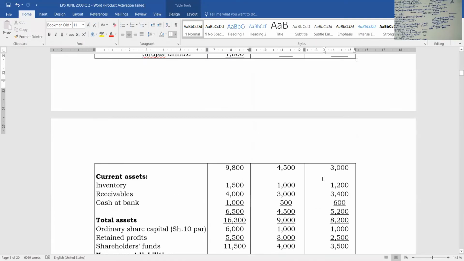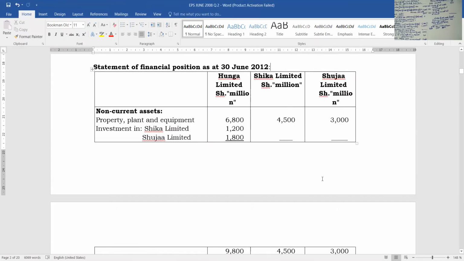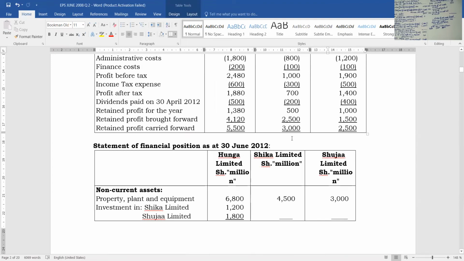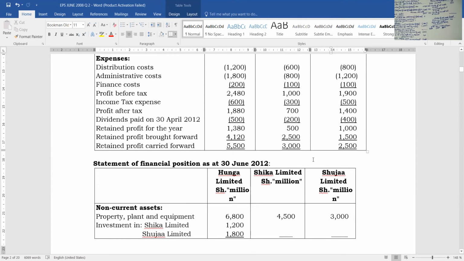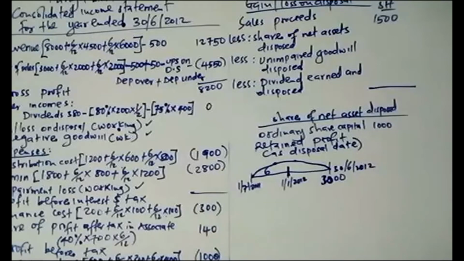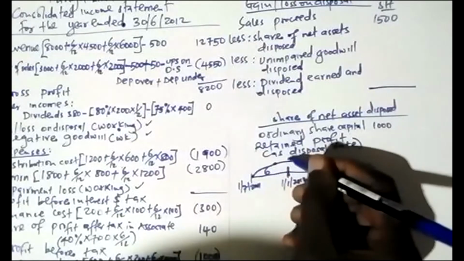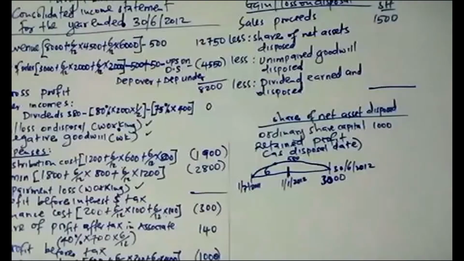For the year, the profit after tax was 500. You can see the retained profit for the year under the middle column. So this is 500, the retained profit for the year.